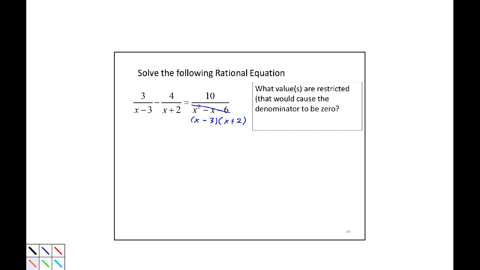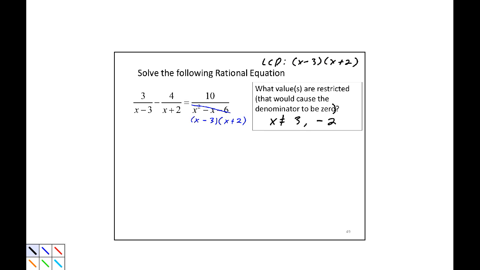My denominator would be 0 if x were 3 or negative 2. So x cannot be 3 or negative 2. And then from there, it looks like our least common denominator will include both of those factors, x minus 3 and x plus 2.